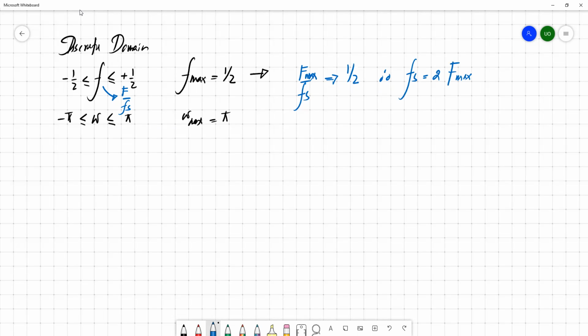So from here we can argue that the maximum frequency in the discrete domain would be half. If you substitute capital F divided by Fs for simple f, the maximum frequency in the continuous domain divided by the sampling frequency, which is constant for this process, gives half. From this, we can claim that the sampling frequency would be 2 times F max.